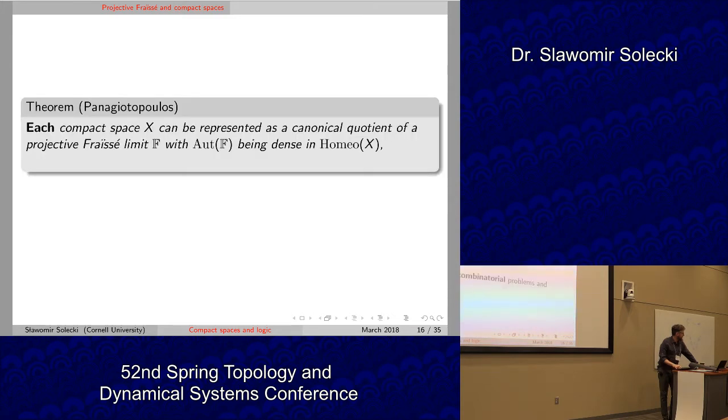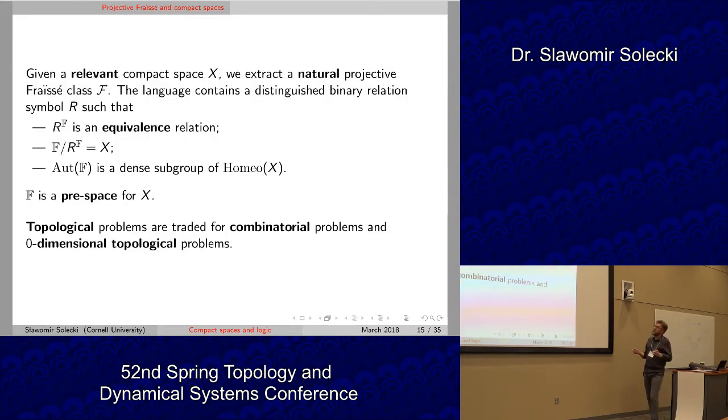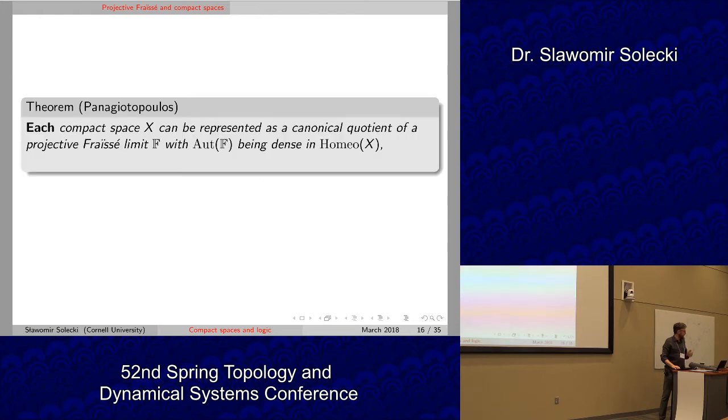So now, what happens if it turns out that this is actually much more general than that? What I said here, there is this word relevant and natural. If I have a relevant space, I'll get a natural class. If you don't care so much about natural, you can actually get every space this way. This is a theorem of Panagiotopoulos, a student of mine.